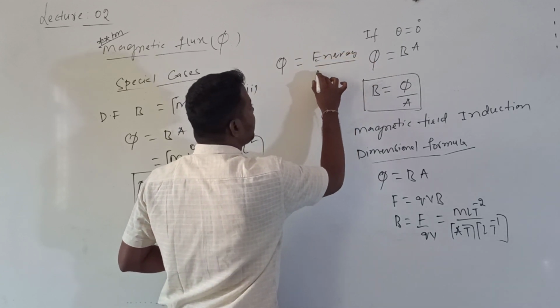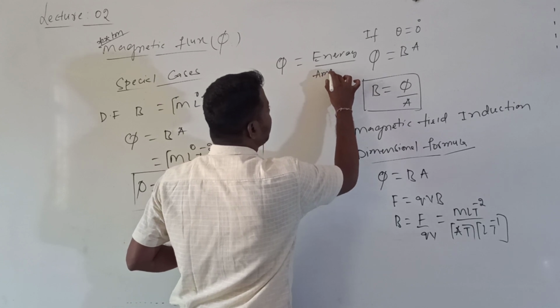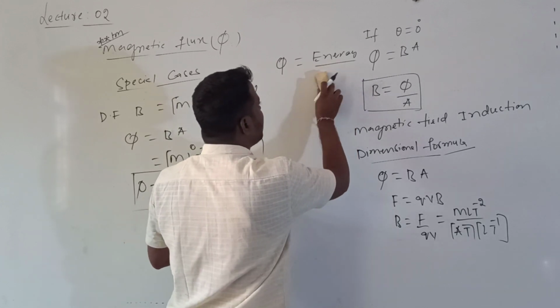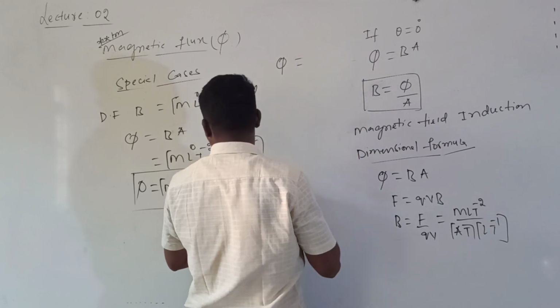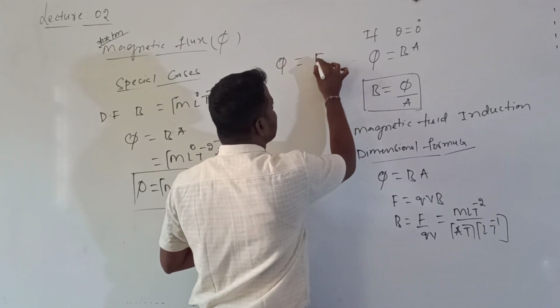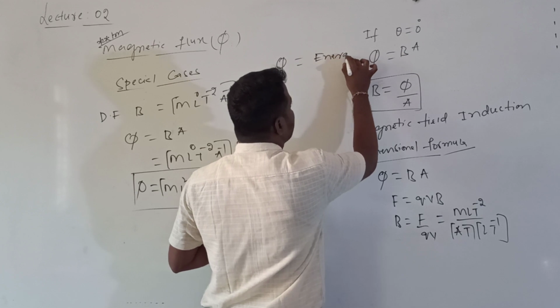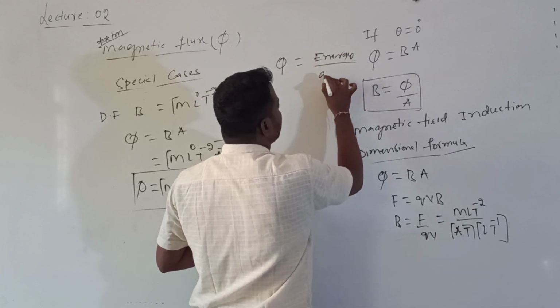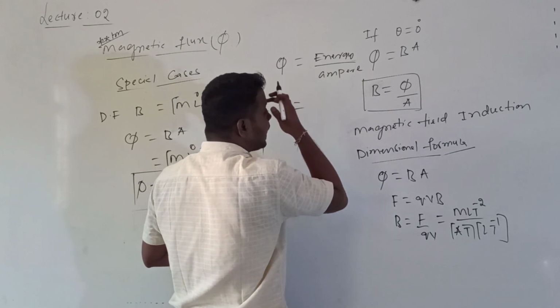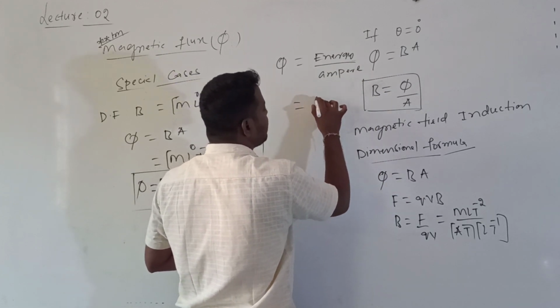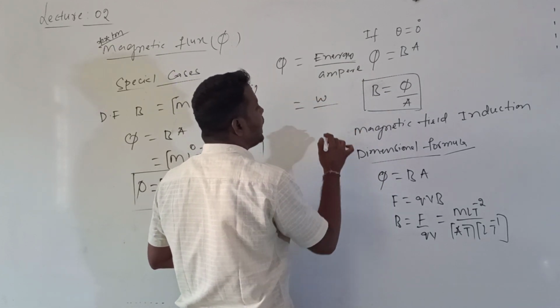Ampere, the current. Energy divided by ampere. Ampere is the unit of current. Energy units are the same as that of work done.